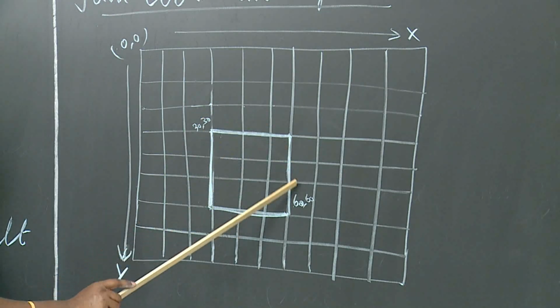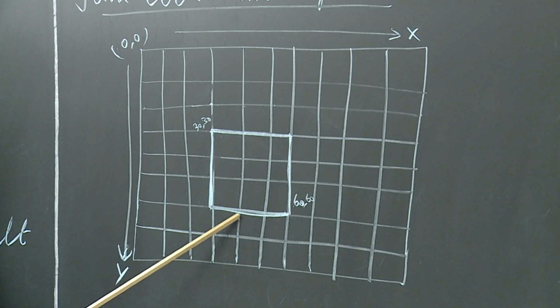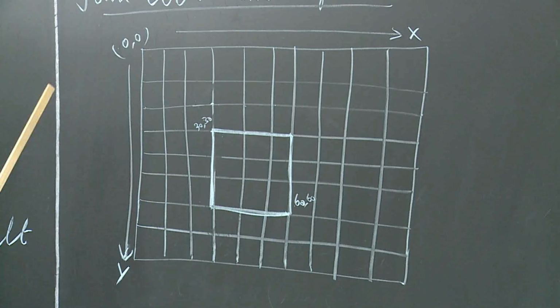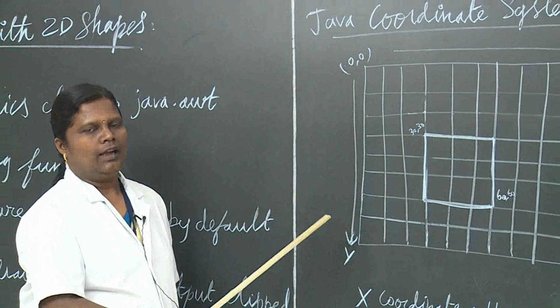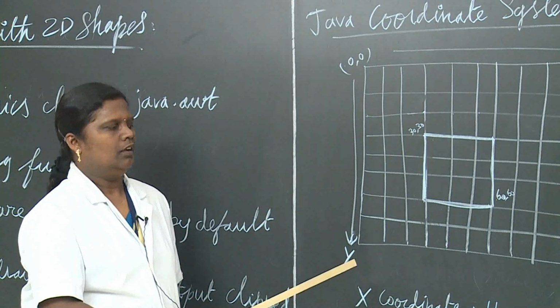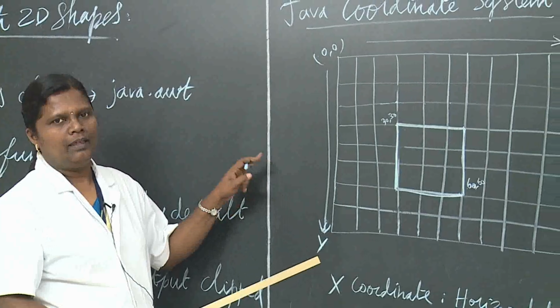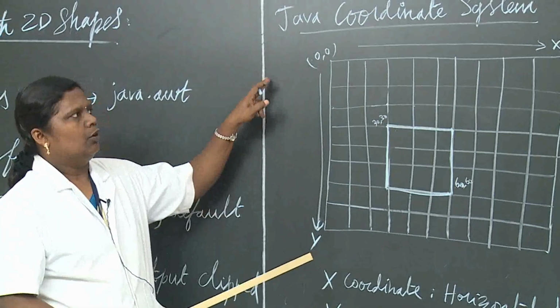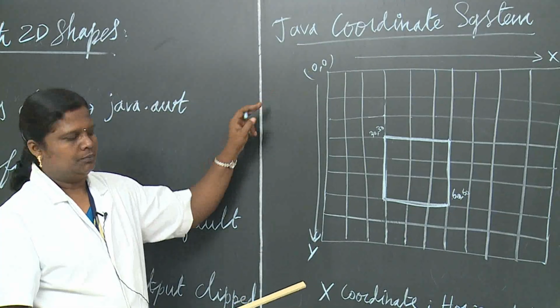With a starting point and an ending point, I can draw a particular 2D shape. Hereafter we can draw any shapes like squares, rectangles, or arcs using this coordinate system. This is very useful and basic when following the graphics steps in Java coordinates.